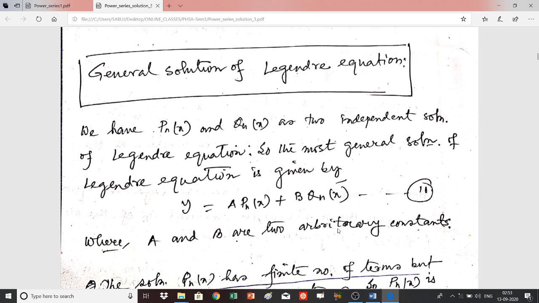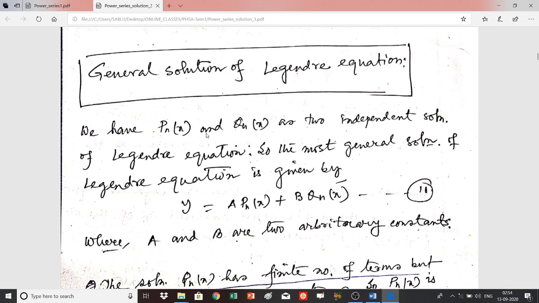We have two solutions of Legendre differential equation, which are called the Legendre polynomials of first kind and second kind, and they are denoted as Pn(x) and Qn(x), as we saw in our previous topic.